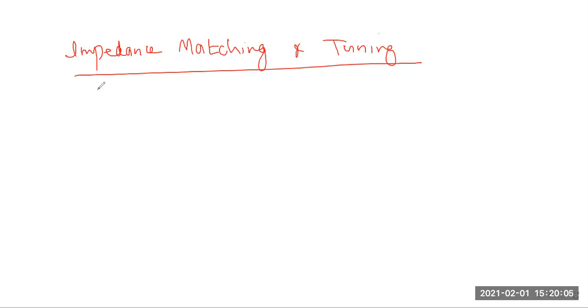In a general situation, your circuit will not be matched to the load. So in that case, you have to design a circuit that will solve the problem. You will design an impedance matching circuit that will ensure that your system or your circuit is matched to the load.